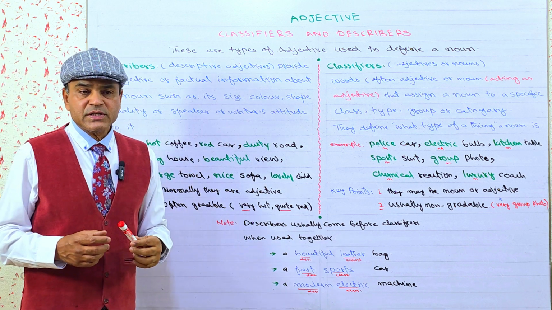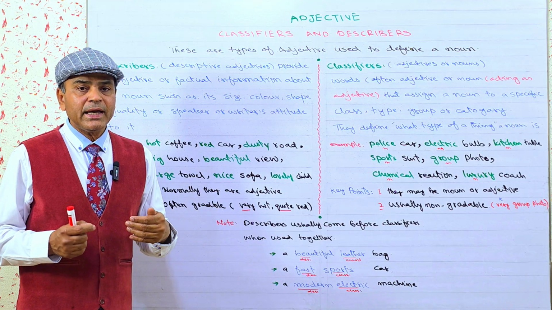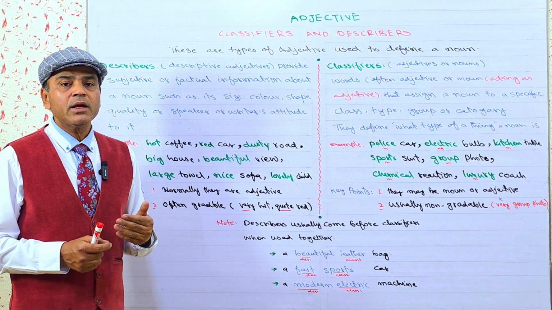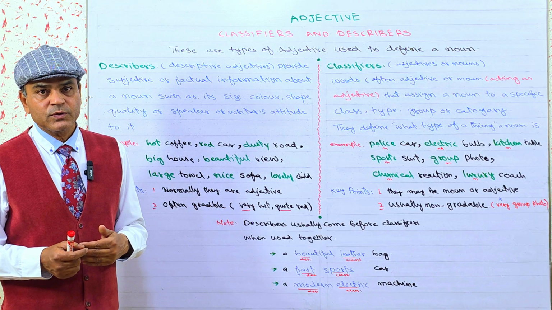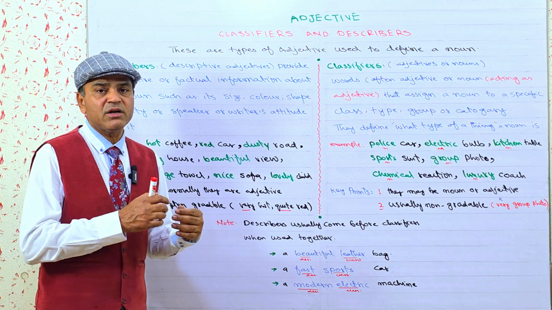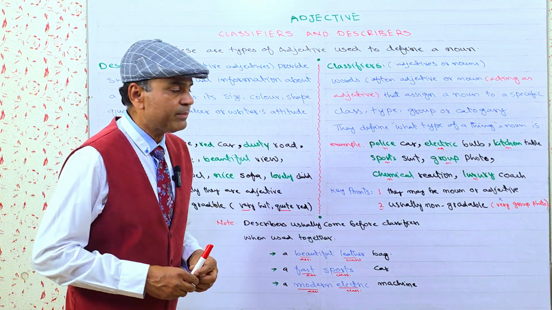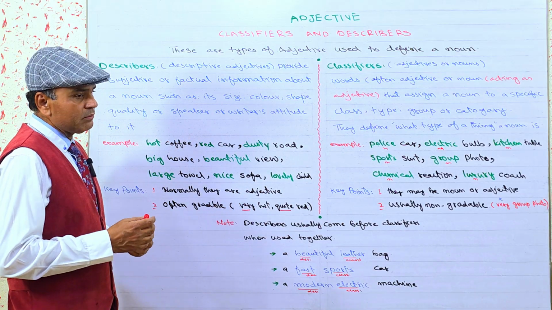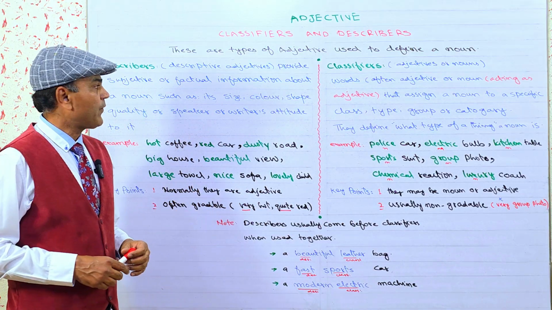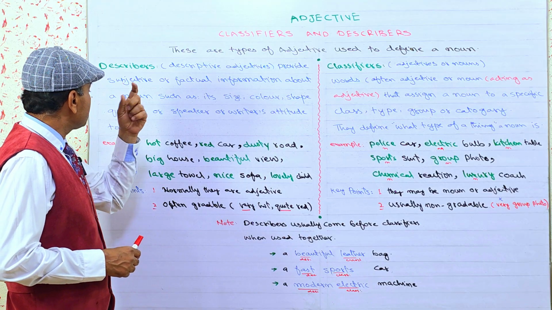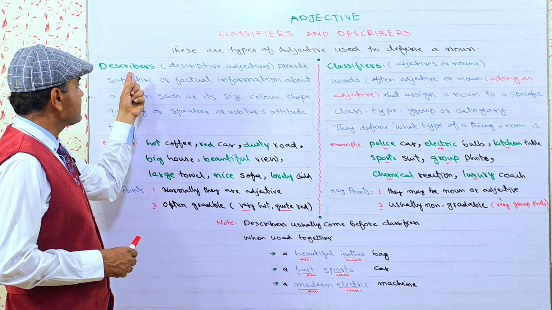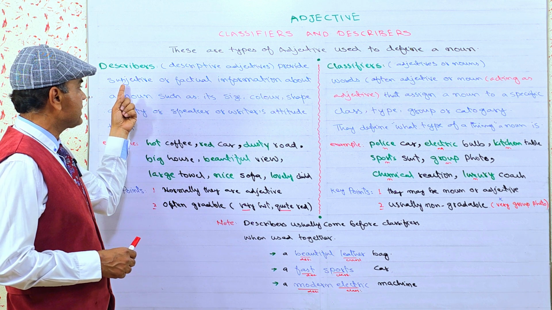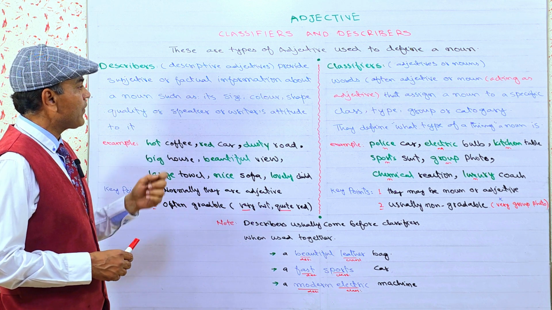Subjective is something that only exists in your thoughts and may not be based on facts. So something that is not based on facts, we call subjective, non-concrete. And factual comes from the word fact. So describers tell us about a noun, information that is either subjective or factual.